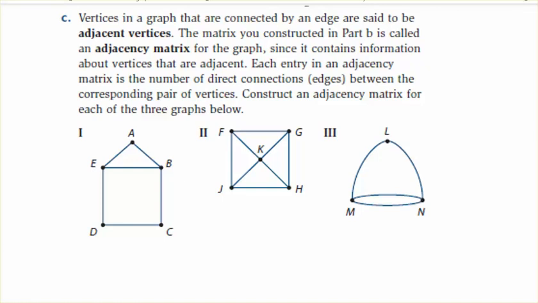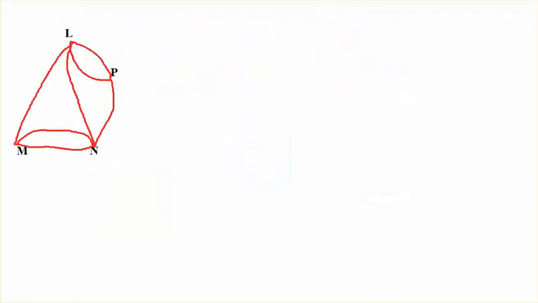The matrix we began is called an adjacency matrix for the graph, since it contains information about vertices that are adjacent. Each entry in an adjacency matrix is the number of direct connections, or edges, between the corresponding pairs of vertices. Let's make an adjacency matrix for one more graph.